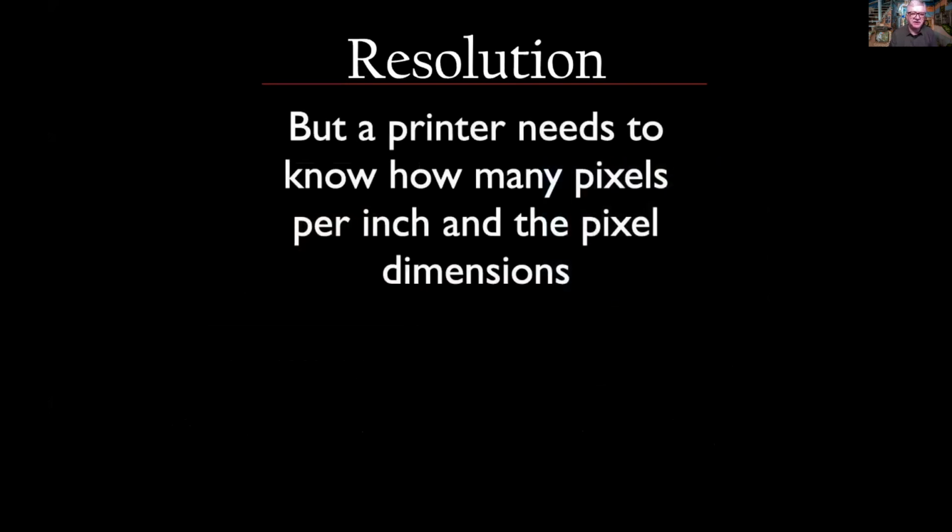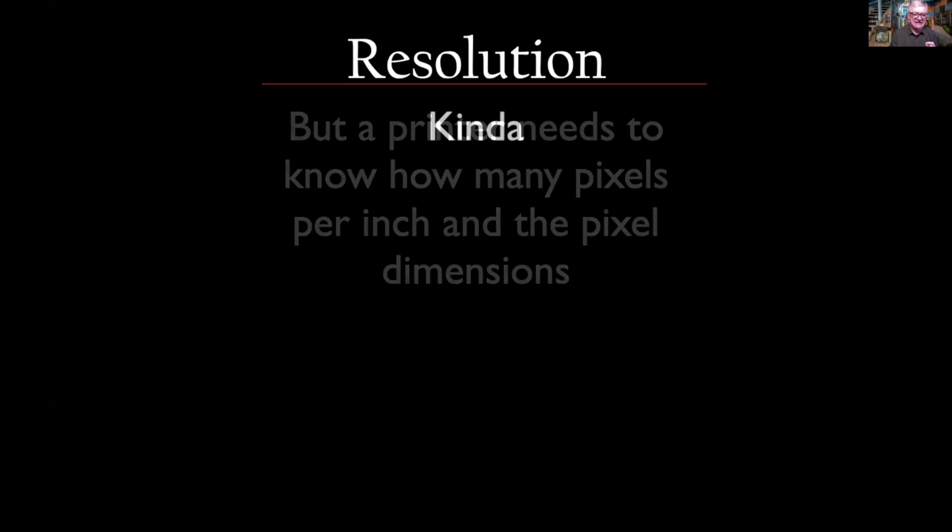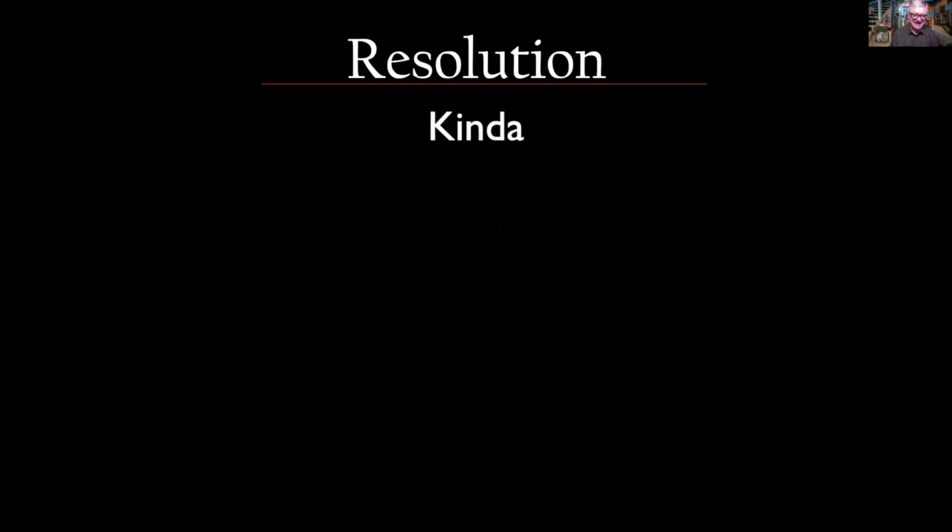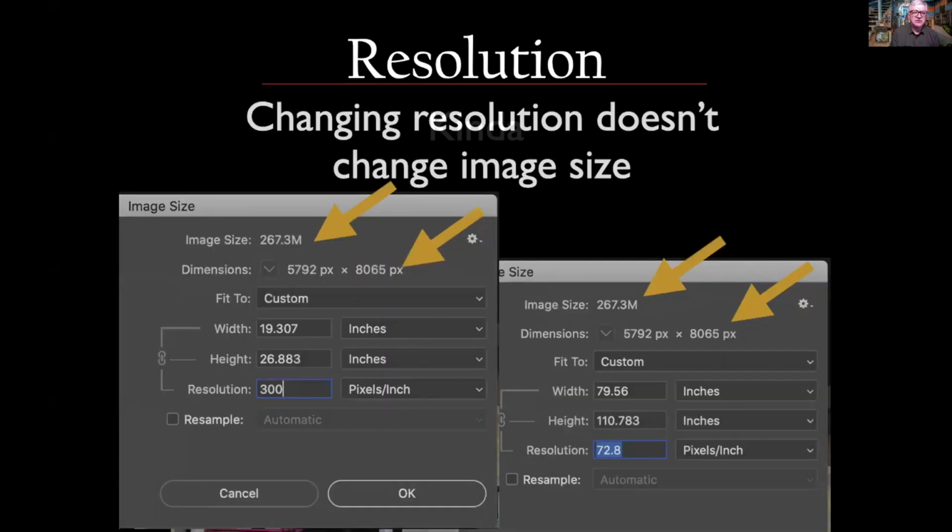But a printer needs to know how many pixels there are per inch and the pixel dimensions. Kinda. So the printer will do the math, but you can do it if you want to. This is a screenshot off of Photoshop. You notice that my image dimensions are 5792 pixels by 8,065.